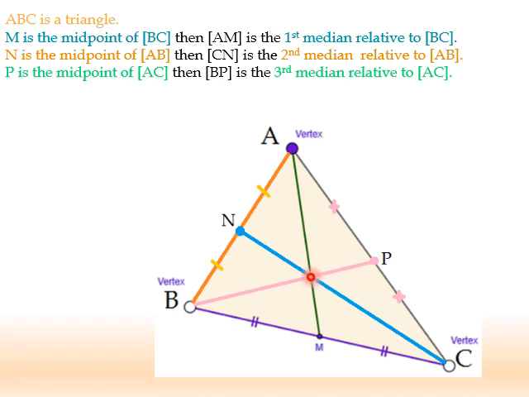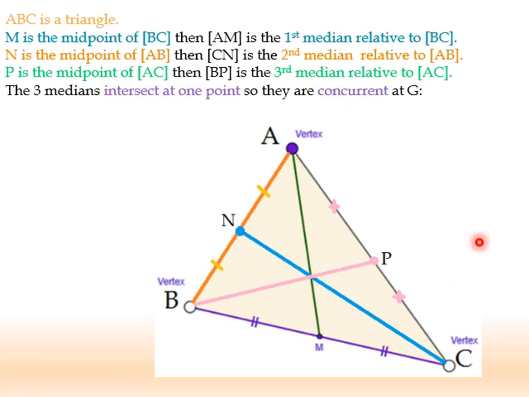The point of intersection of the three medians is called the centroid or center of gravity of the triangle. Okay, you have to memorize these words well. The intersection of the medians is the center of gravity or centroid. Here is the centroid of the triangle.